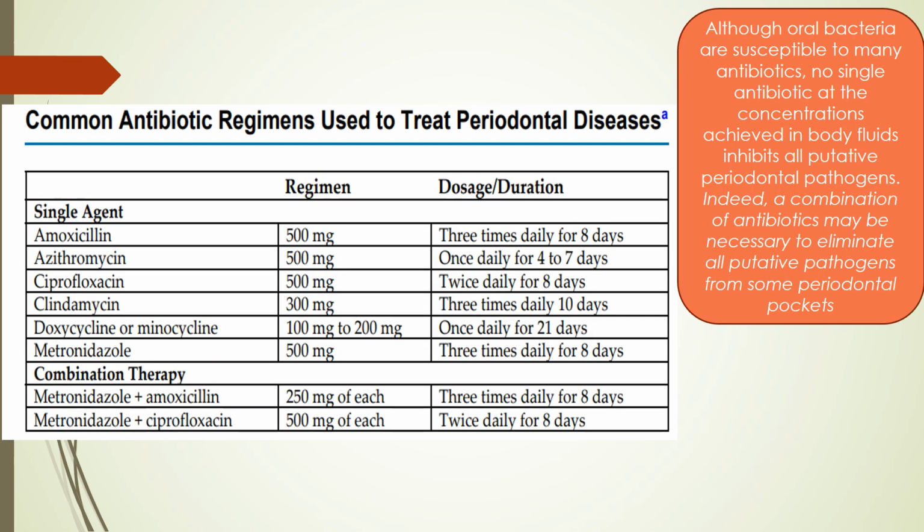So, although oral bacteria are susceptible to many antibiotics, no single antibiotic, at the concentration achieved in body fluids, inhibits all putative periodontal pathogens. So, indeed, a combination of antibiotics may be necessary to eliminate all putative pathogens for some periodontal purposes.